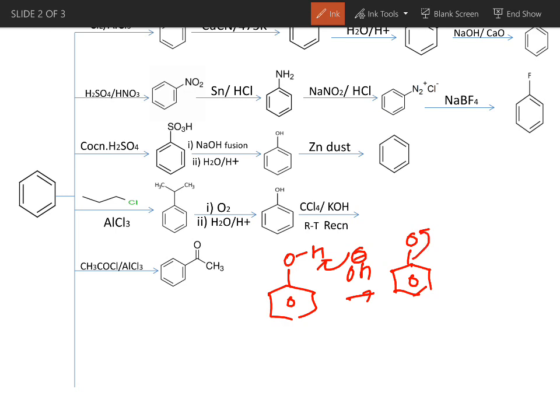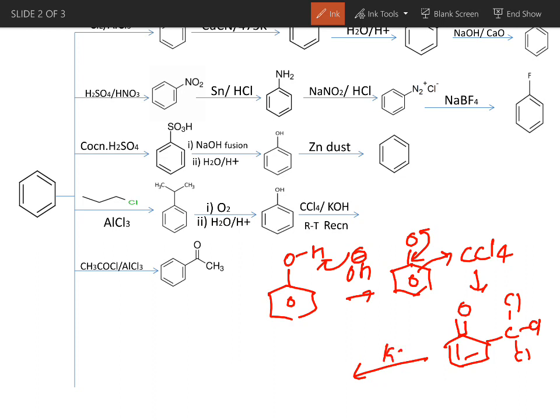This, on resonance, will attack CCl4 and gives a compound something like this, with CCl, Cl, Cl.